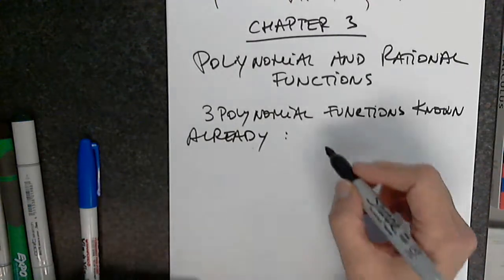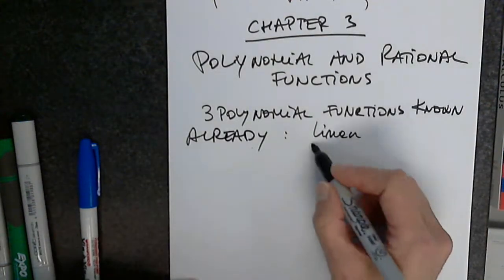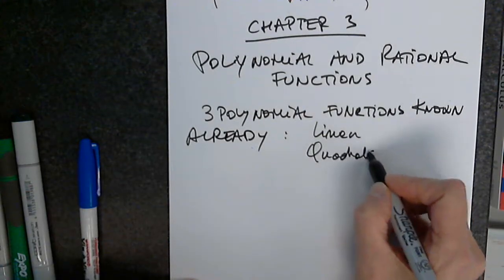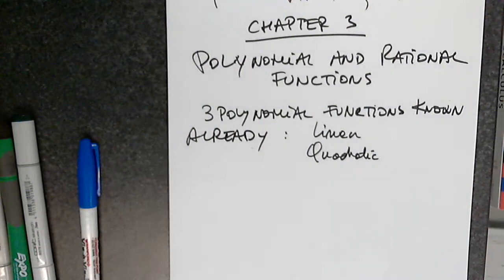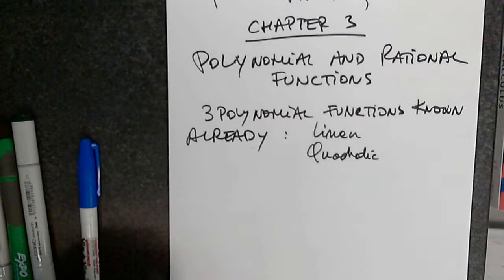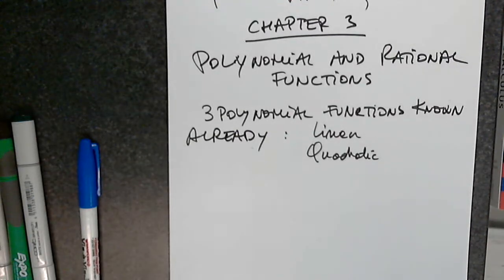Yes, linear, very good. We know linear. Quadratic. And we know one that we said was odd, and we used it to show the relationship between the function and f of negative x for odd functions. What was it? Rational? Nope. We did not use that. Rational is not polynomial, but you're right.